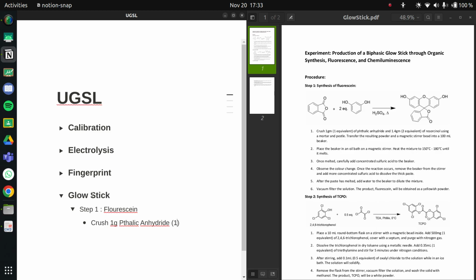So that's 1 equivalent. Then you crush 1.4 grams resorcinol. It's two equivalents. Using a mortar and pestle.